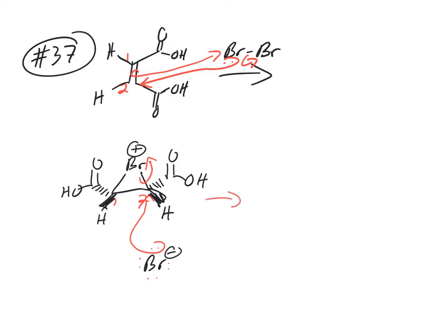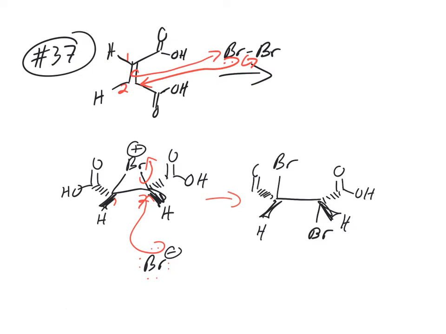But what this gives us is these 2 bromines that are trans to each other. And you'll notice that the H's that were cis to each other are still cis to each other. Right? That doesn't change when the bromines add. And the carboxylic acids are also still cis to each other. That didn't change when the bromines added.